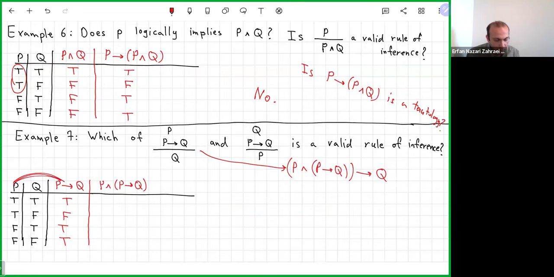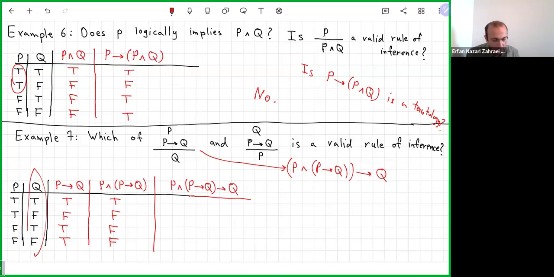It's the AND of these two columns, so it's only true if both of them are true, and that's the only place both are true. The rest are false.